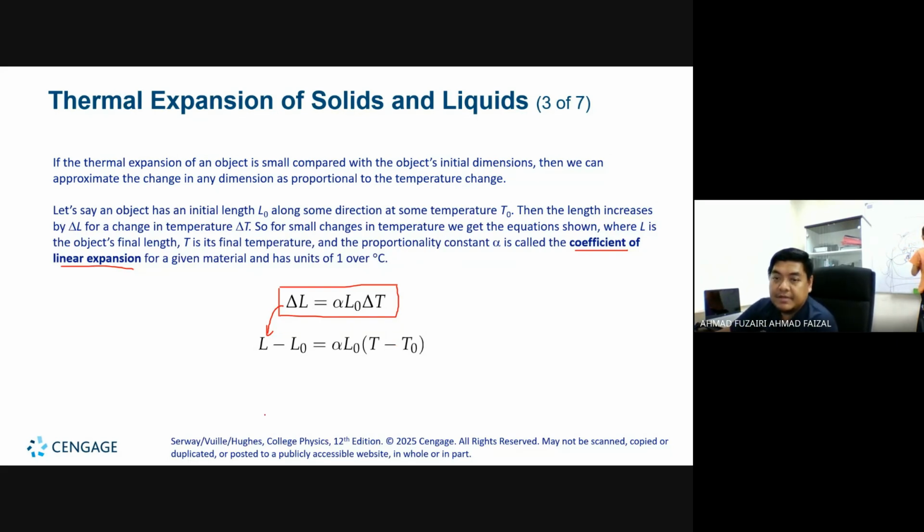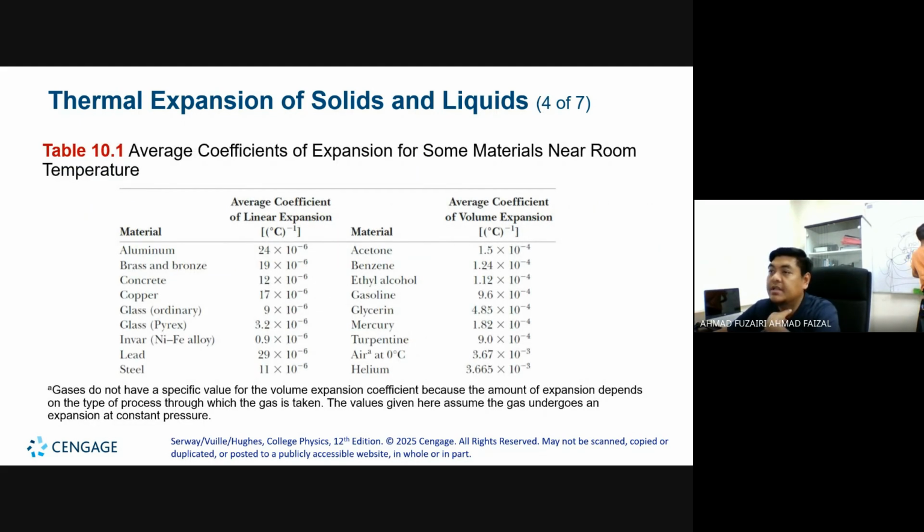If the thermal expansion of the object is small, then we can approximate the change in any dimension as proportional to the temperature change. So if there is a change in temperature, you can see a difference in delta L. The value of alpha, the coefficient of linear expansion, is given in the table for a certain material.